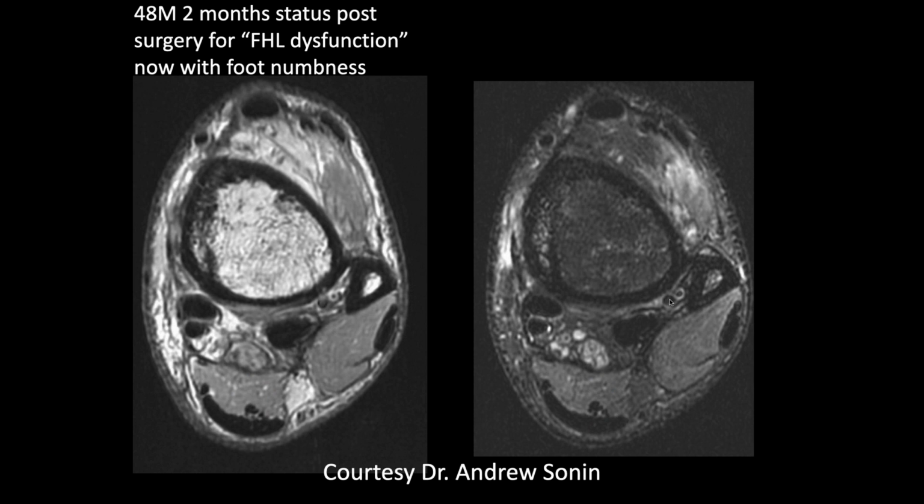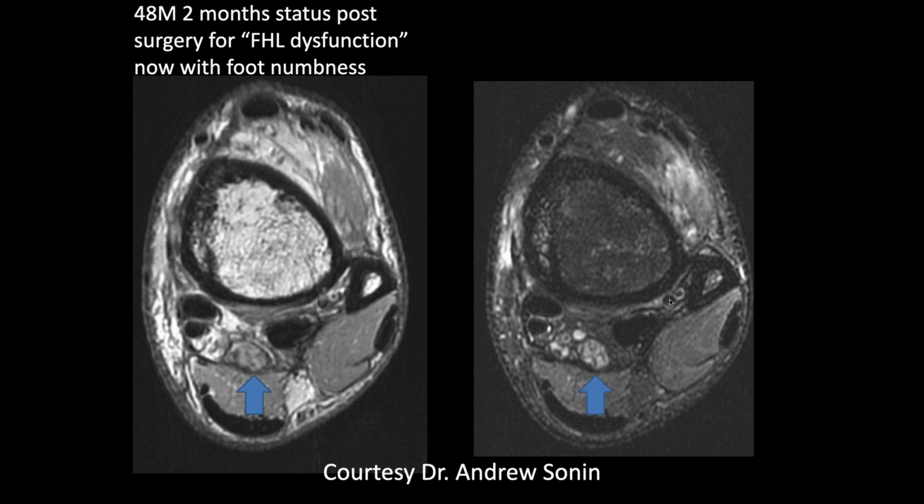Okay, 48-year-old male, 2 months status post-surgery for flexor hallucis longus dysfunction, now with foot numbness. Okay, so I'm kind of anterior to the Achilles tendon. I'm kind of seeing this circumscribed area of increase.